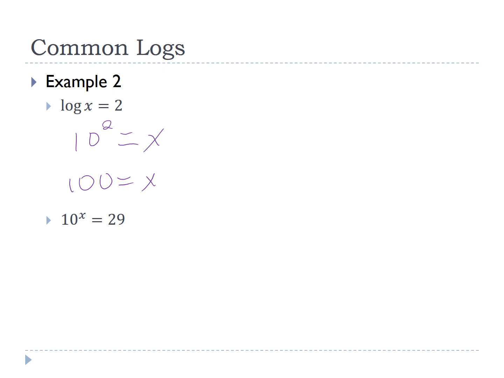Now our unknown is on the exponent side, so we want to use a log. So this is going to be log base 10 of 29 is equal to x. We're going to try to figure out what that is, and you'll use a calculator for this one. So you'll type it in exactly the way you see it here.